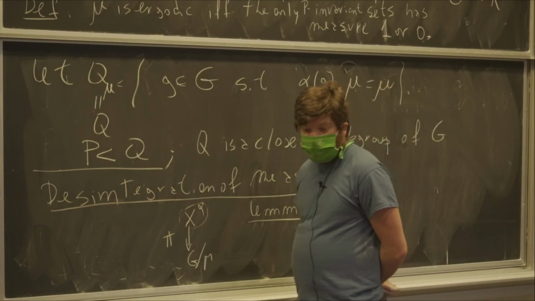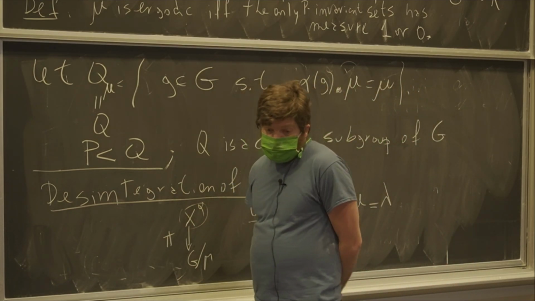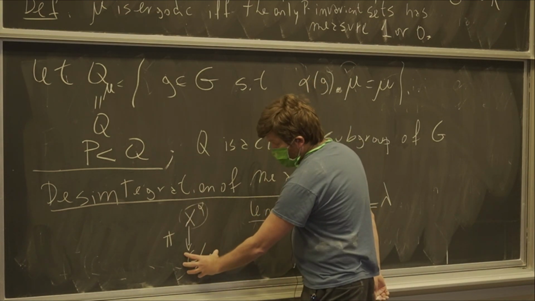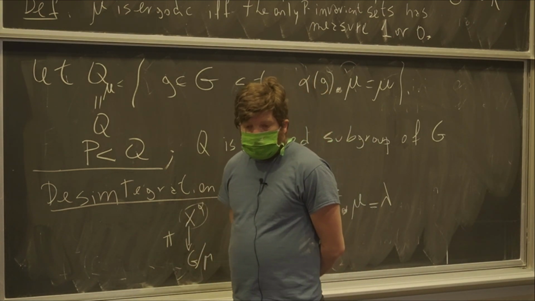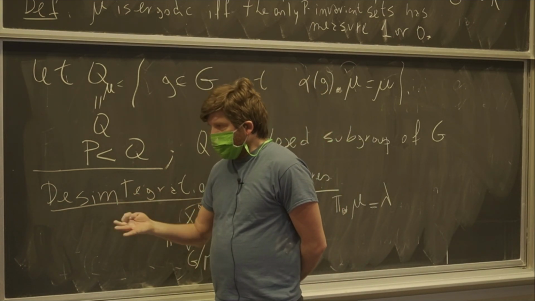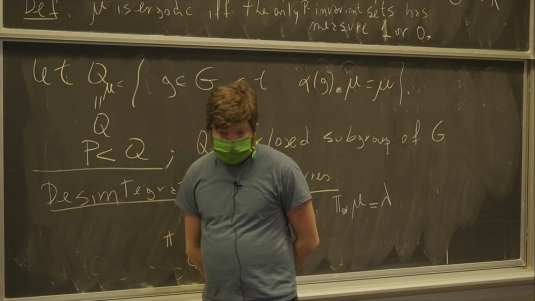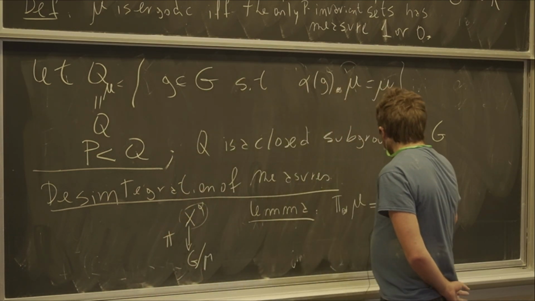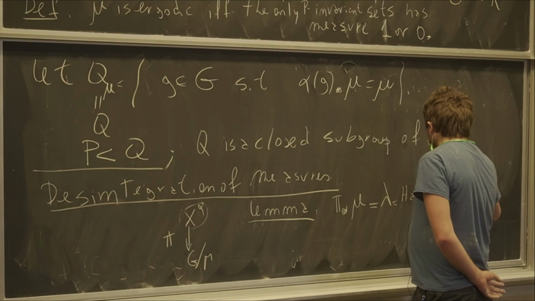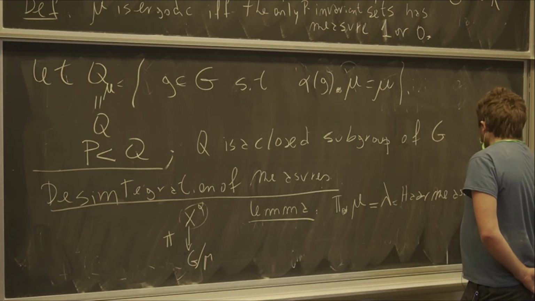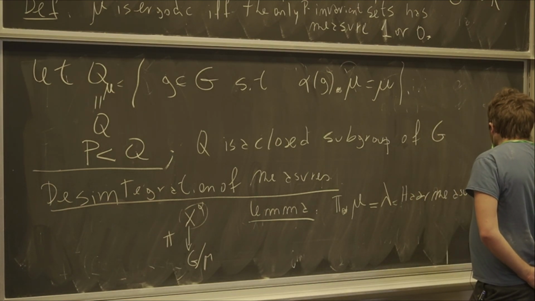I don't really need to know that it is lambda now, so P star mu will be some measure here, and for the time being that's all I need, but I later will need to know that this is actually Haar measure on G mod gamma.